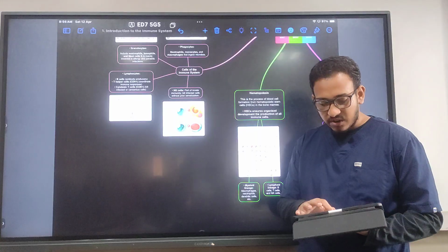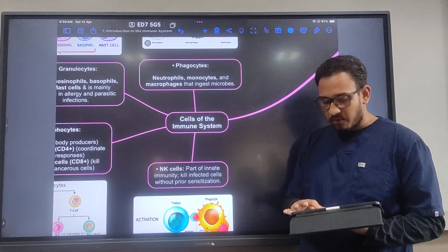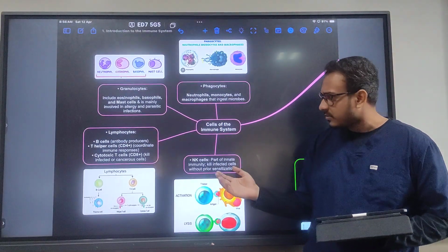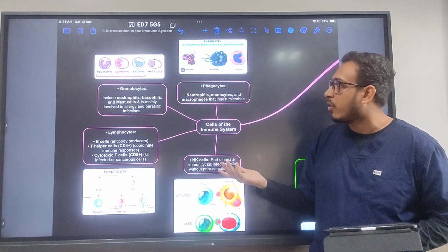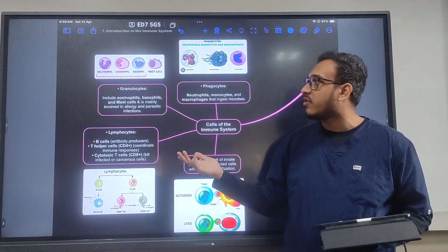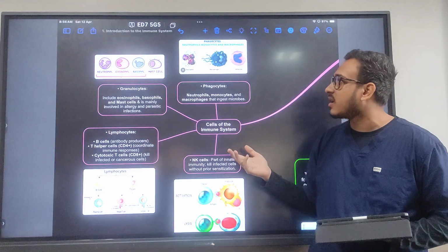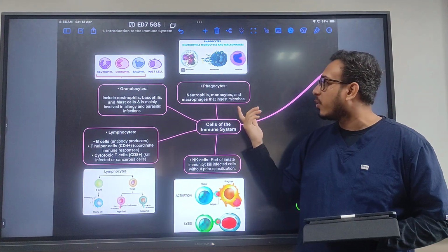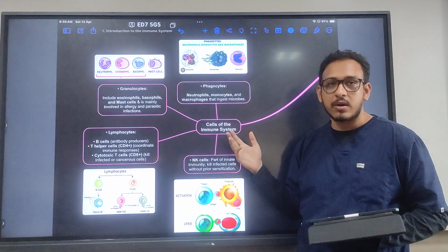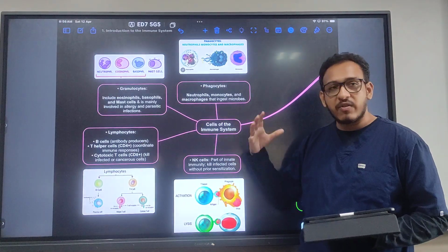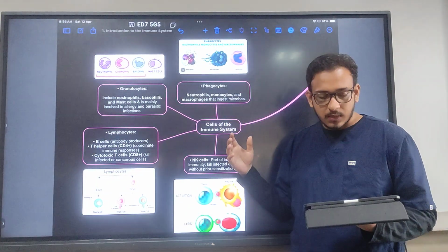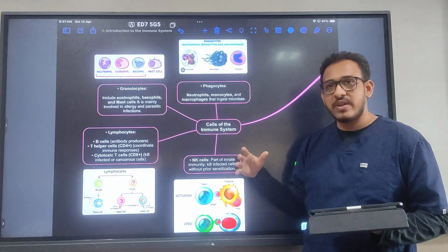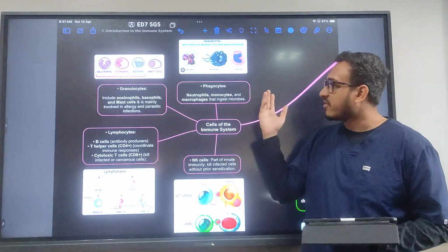Here we will be talking about the cells that are present. They can basically be divided into four types: natural killer cells, lymphocytes, granulocytes, and phagocytes. Phagocytes are neutrophils and monocytes. They have the function of engulfing bacteria and killing the bacteria within the cell, which we have seen before.